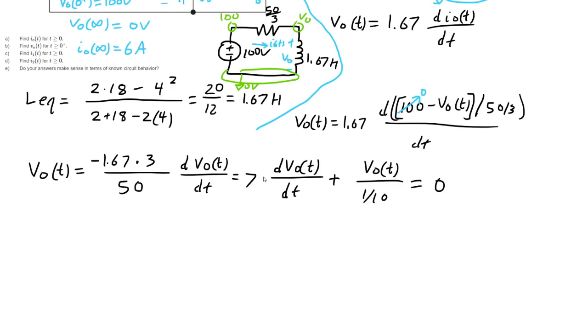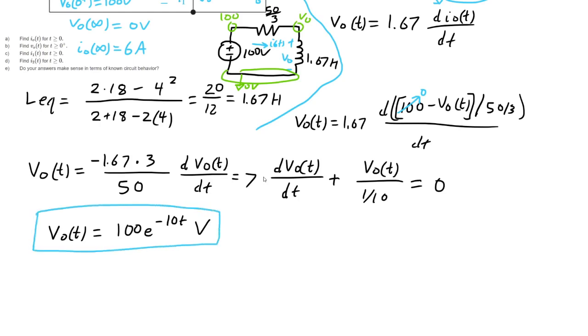So the solution to our differential equation, we're going to keep VO0 is 100 and VO infinity is 0. So VOT is going to be 100 e to the minus t over tau, which is 10t, volts.